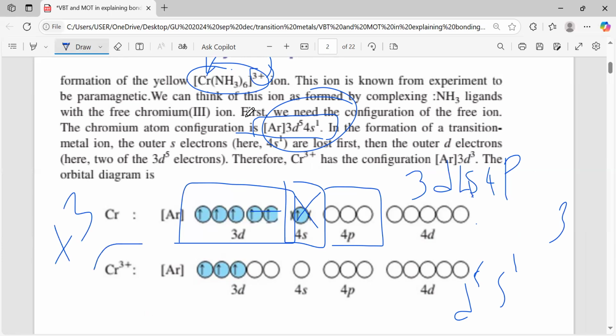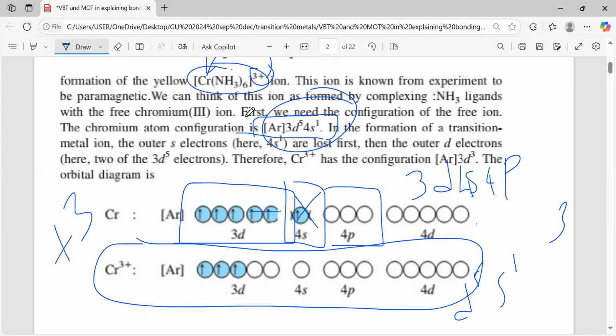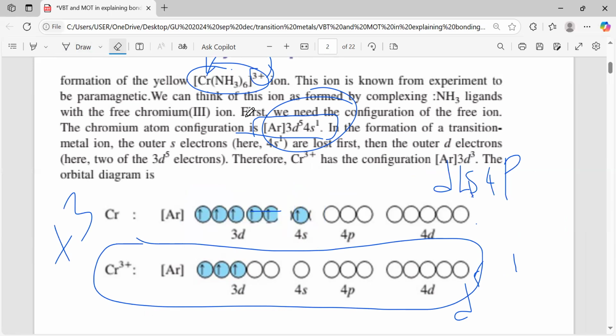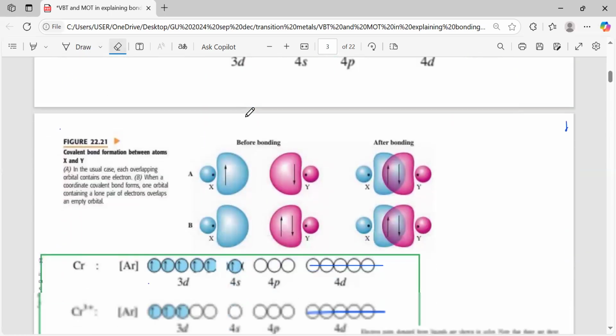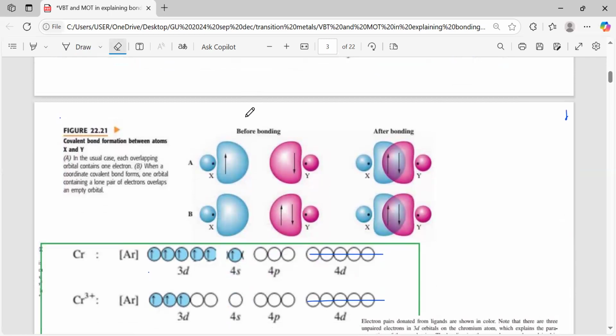So we end up with this configuration and orbital diagram for the metal ion. So once we are there, now we can represent our metal ion and see other things that apply to it shortly. Another thing we need to remember is bonding.